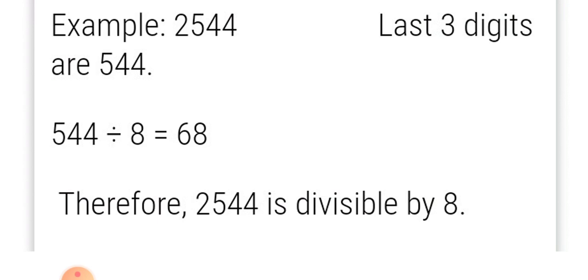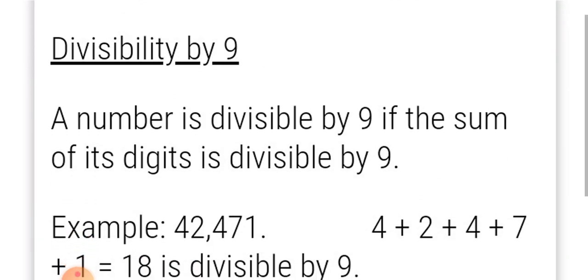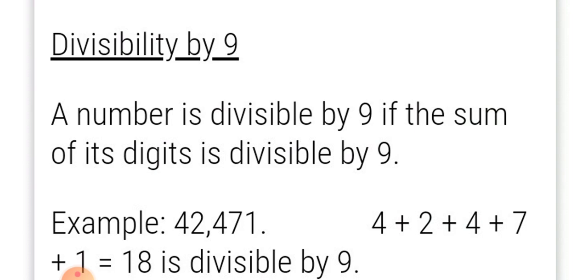Clear, children? Okay. Now the next is divisibility by 9. A number is divisible by 9 if the sum of its digits is divisible by 9. So to check the divisibility by 9, you have to add all the given digits in that number and then check whether that sum is divisible by 9 or not.